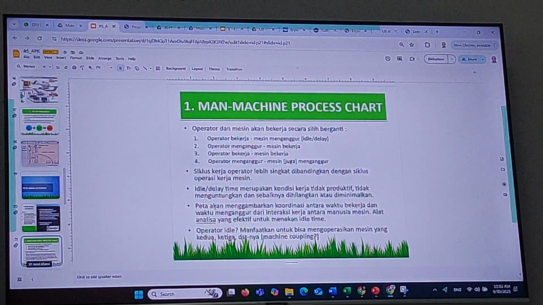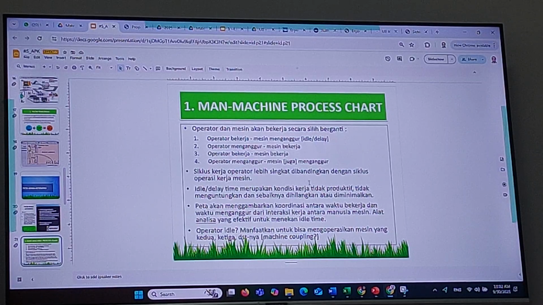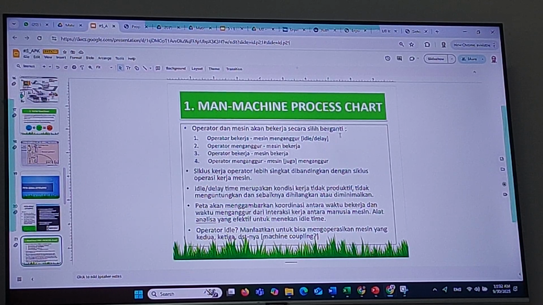For the first, main machine chart, we try to define the idle or delay of the machine, and sometimes the idle or delay for the operators. Sometimes we can also describe the delay for the operator and also the machine.